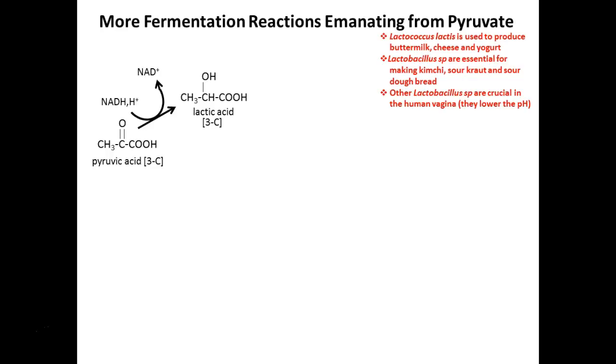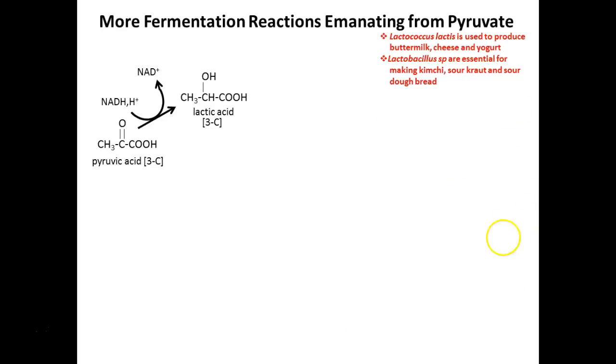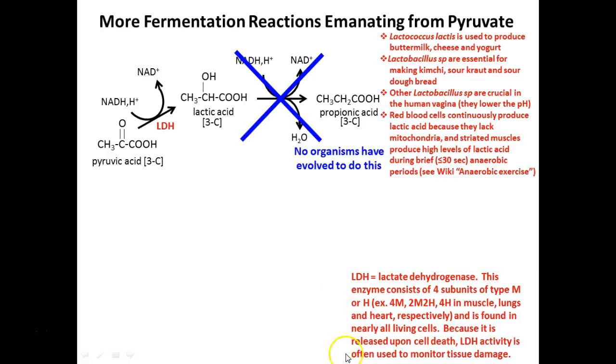And then lactobacilli are also important for the human vagina, to maintain balanced pH. Lactate dehydrogenase is an enzyme that's found in nearly all living cells, and because it's released upon death, this is how we can tell when tissues have been damaged.